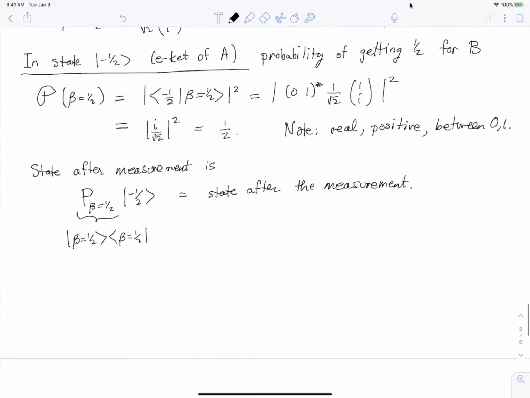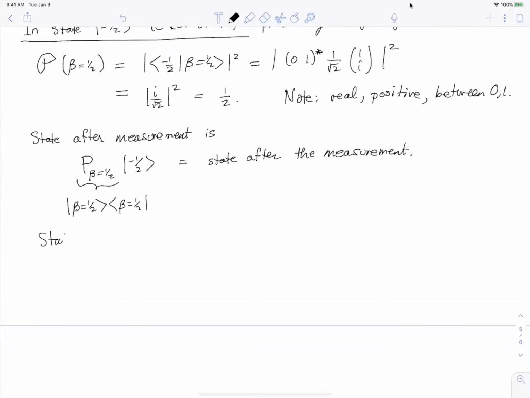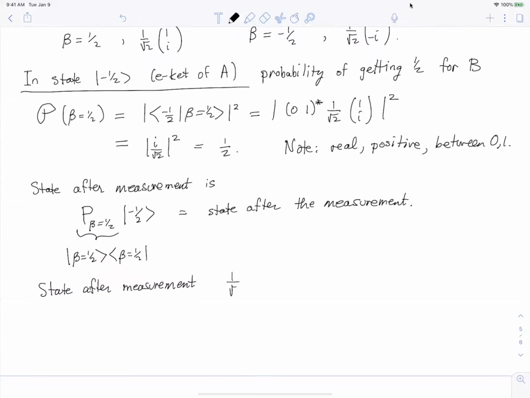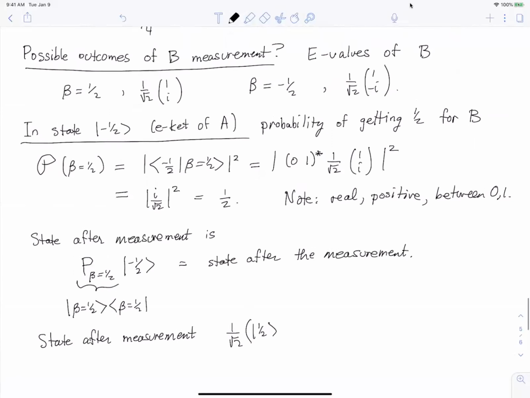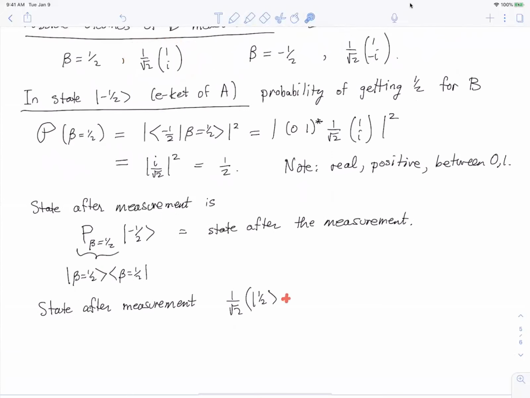And so the state after the measurement, let me write it this time in ket notation, is going to be 1 over square root of 2 times, now I'm writing things in the A representation and the eigenvalues of A. So this is 1/2, I'm going up here to this, so 1/2 plus i times minus 1/2. Then I write it again, but in the bra language.